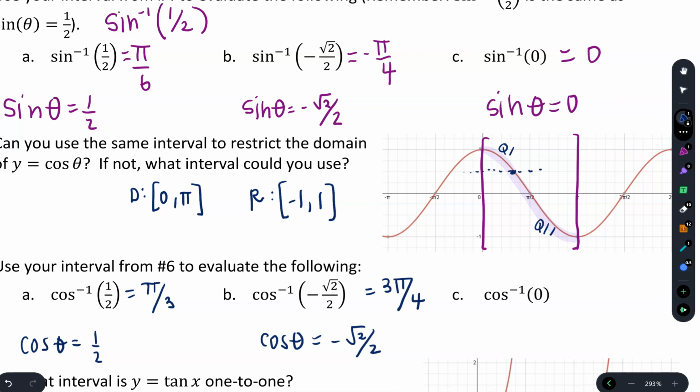And where is inverse cosine equal to 0? Where is cosine of theta equal to 0? At what value? It's pi/2. Perfect.